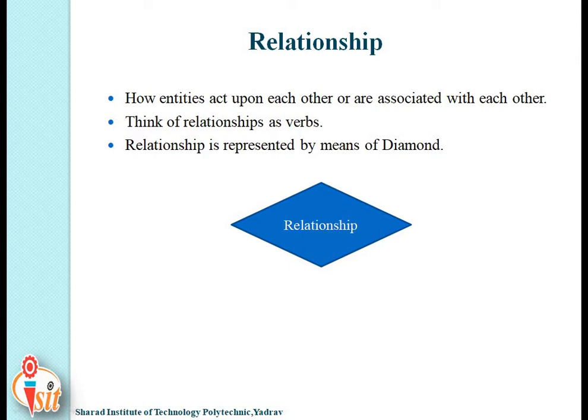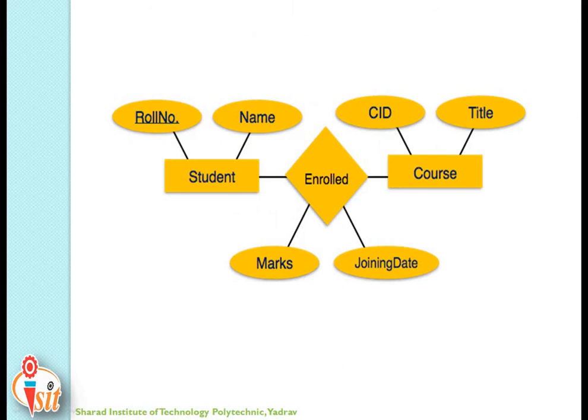Relationship is nothing but how entities act upon each other or how they are associated with each other. A relationship is always represented by means of a diamond. Here you can see an example: a student might register for a course.